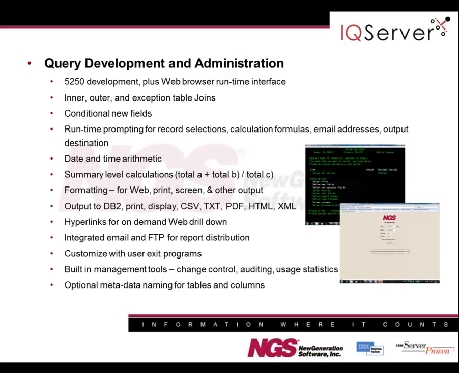How a field ought to be calculated can be changed at runtime. We do extensive date and time arithmetic if needed, and calculations at summary level, so you can have one query that does a lot of things that right now, if you've come from a Query 400 background, may require a whole string of queries to be put together.